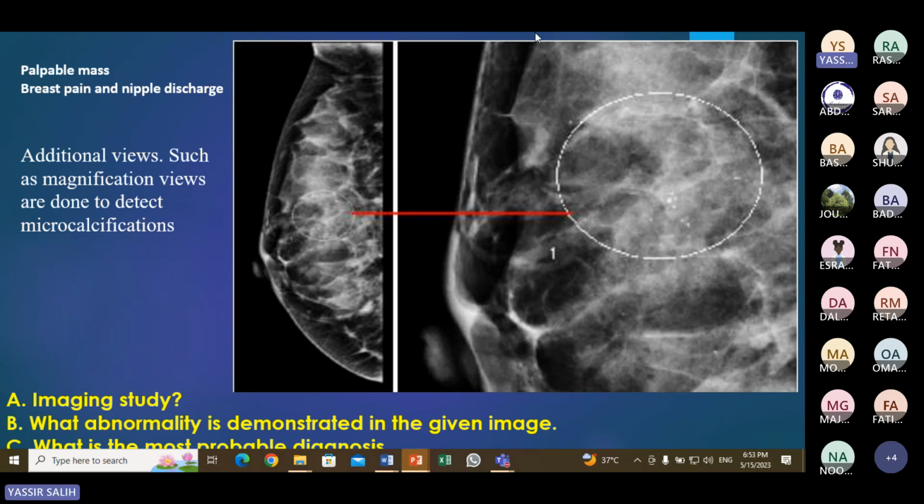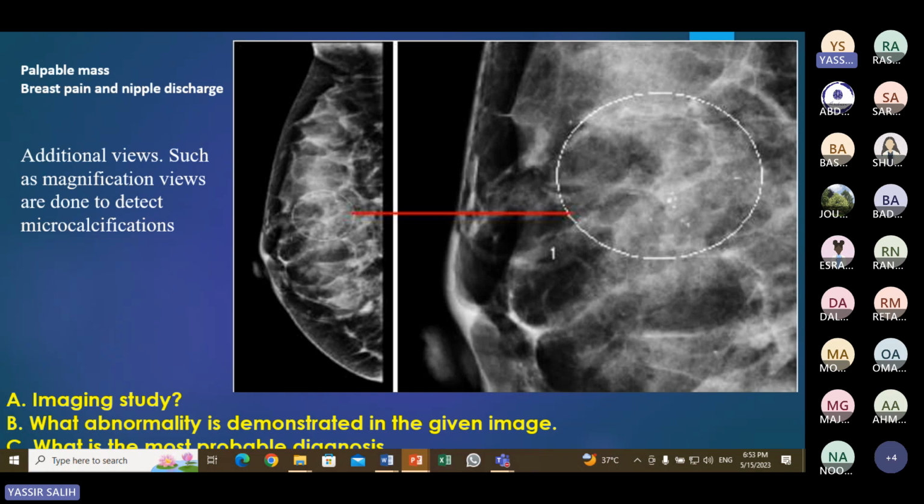This is a patient, a woman presenting with palpable breast mass and nipple discharge. What is the imaging modality? What is this exam? Is it X-ray?